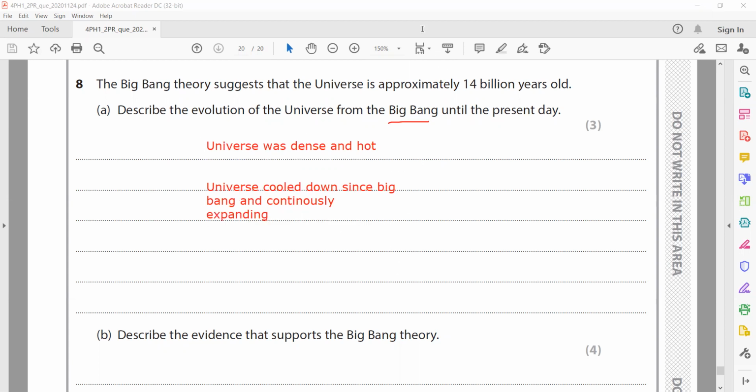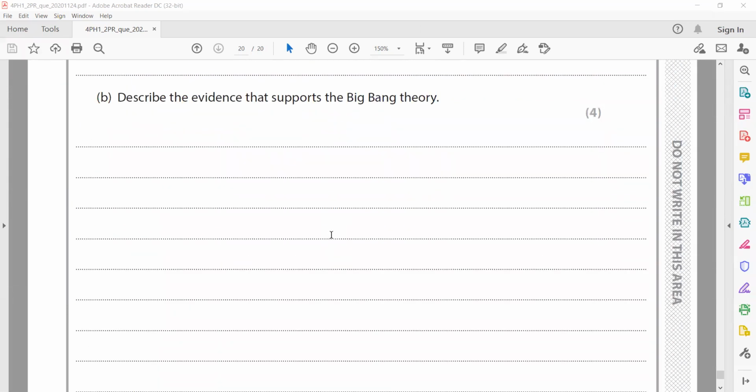Describe the evidence that supports the Big Bang theory. So there are many evidences which support this Big Bang theory. Number one, the microwave background radiation, or cosmic microwave background radiation.